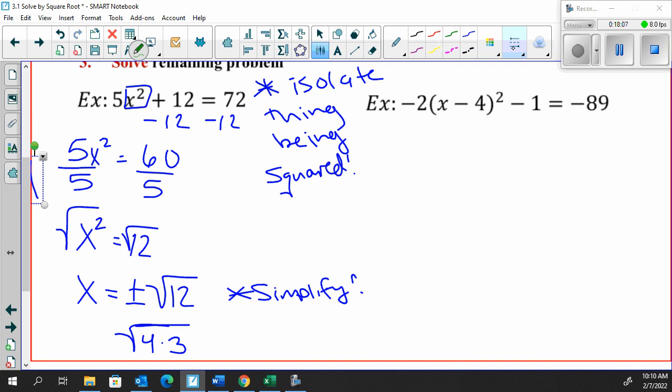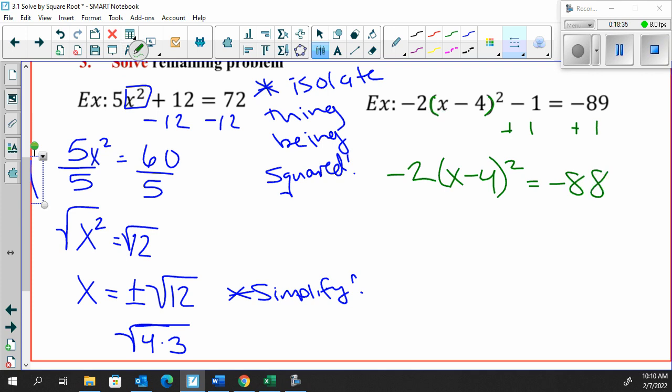Well, what's being squared in this one? This whole thing, x minus 4, this whole thing is being squared. So I need to get that thing alone. So first, I'll add 1. I get negative 2. So I add 1. Now what?